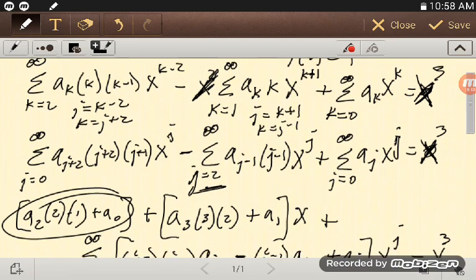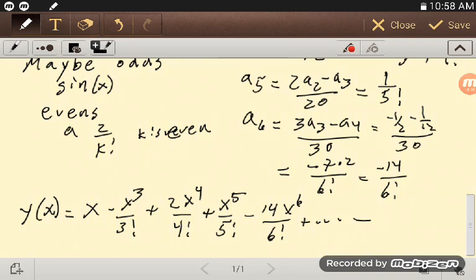We could do first order, we could do 10th order. They all work the same way. You just have to plug everything in and then painstakingly match up the coefficients. But there you go. This is another example of using series to solve a differential equation.